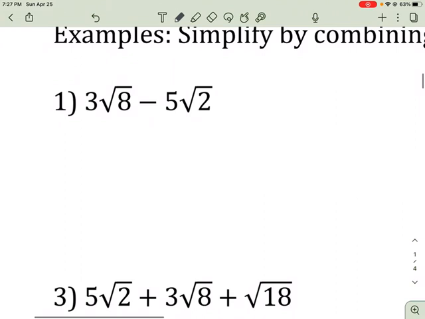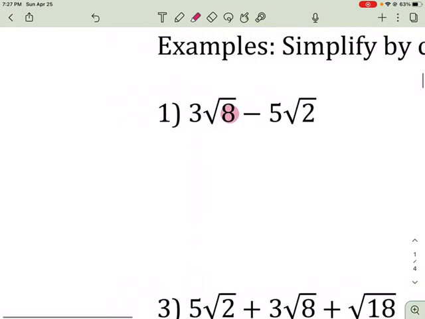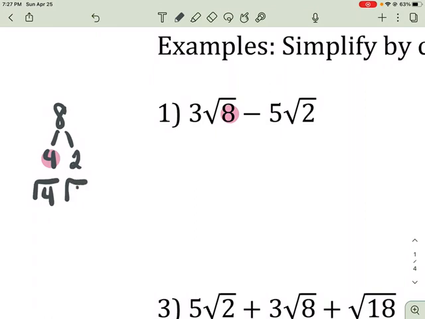Let's try some more. All right, so here they're not exactly the same, but 8 can be simplified. So that's the next thing we have to worry about. Can we simplify the number underneath the radical? So we know we want to break 8 down to a perfect square and something that's not, and 4 is our perfect square. So this is the square root of 4 times the square root of 2, or 2 square roots of 2.